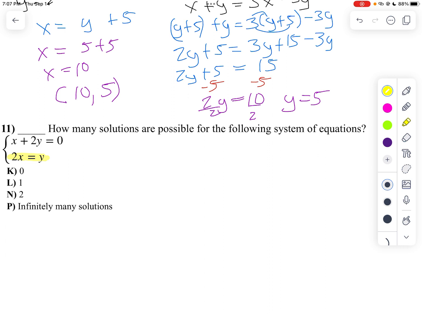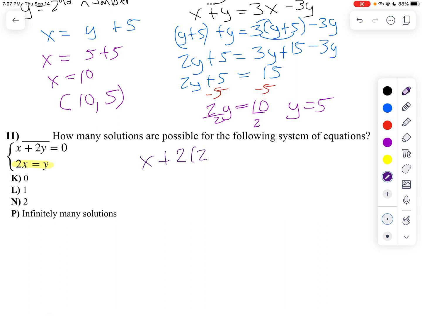Whoops, I always forget to do that. Pen. So x plus, instead of writing y, we're going to say 2 times 2x equals 0. So x plus 4x, which simplifies to 5x, and that equals 0.